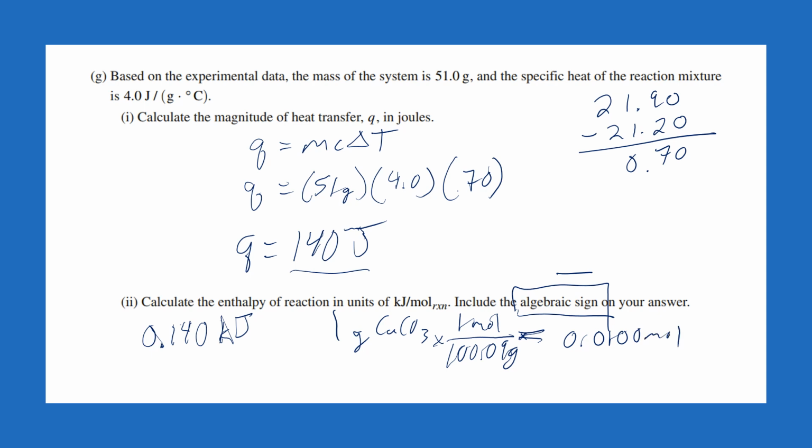And so then I can divide my kilojoules by the moles. And that will give me my overall heat, or enthalpy, which is negative 14 kilojoules per mole. And remember that negative sign is because we've determined that it was exothermic.